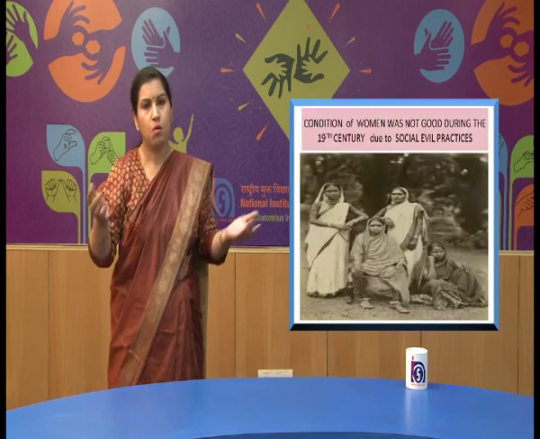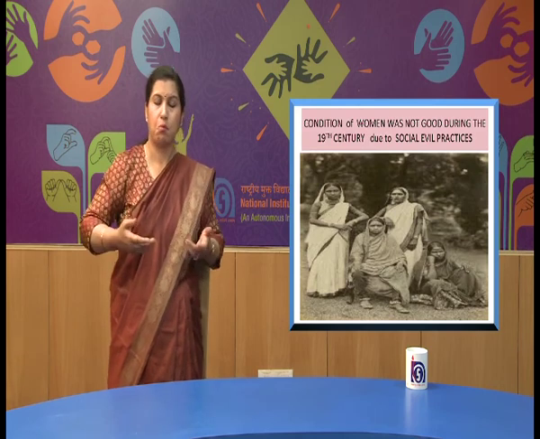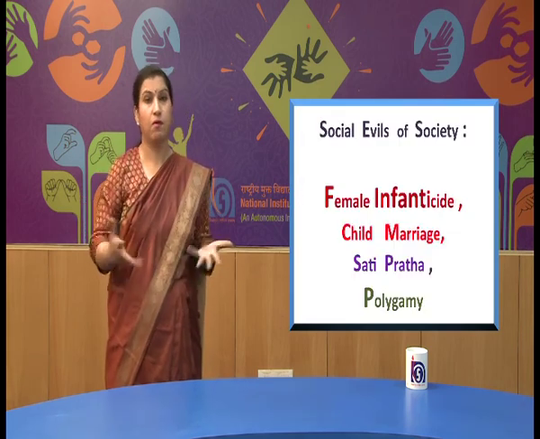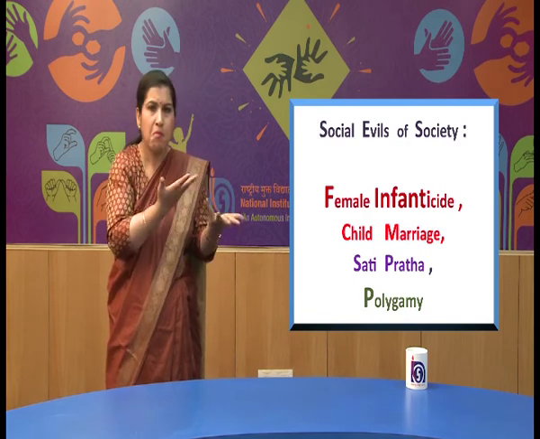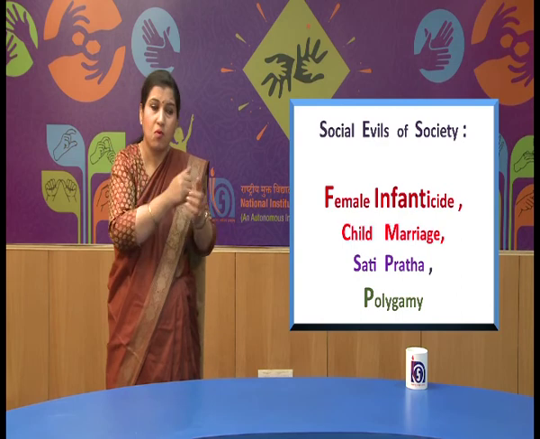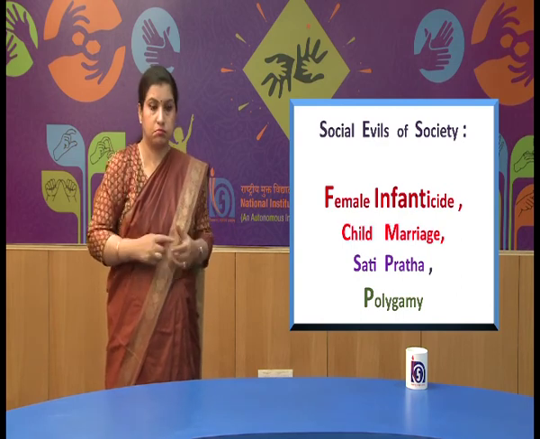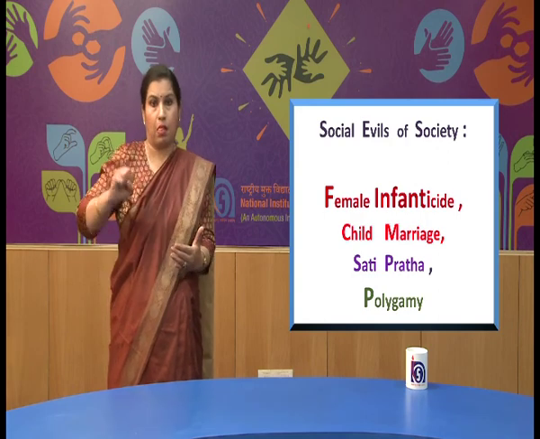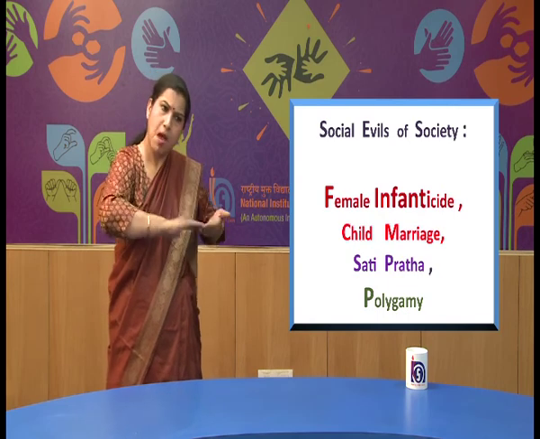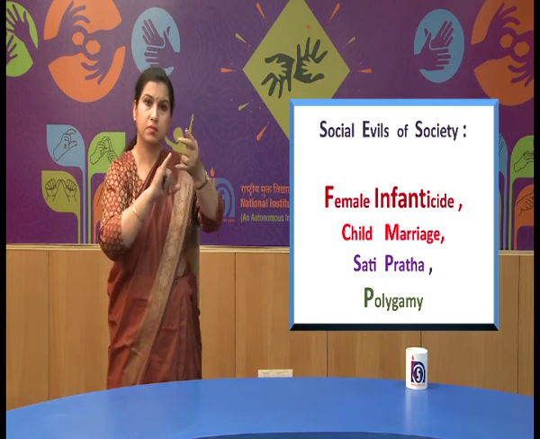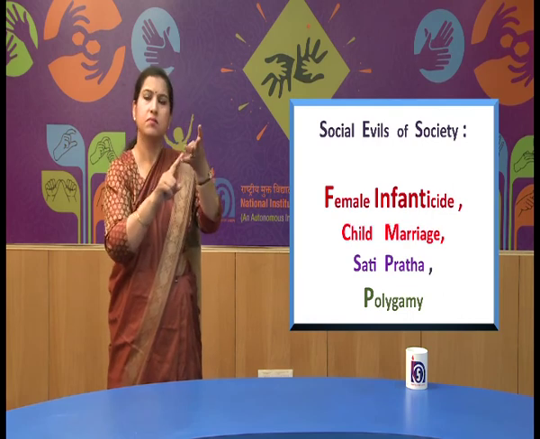The condition of girls and women was really bad during those days, as many social evils were present in the society that made their life difficult. For example, female infanticide, child marriage, sati pratha, and polygamy.